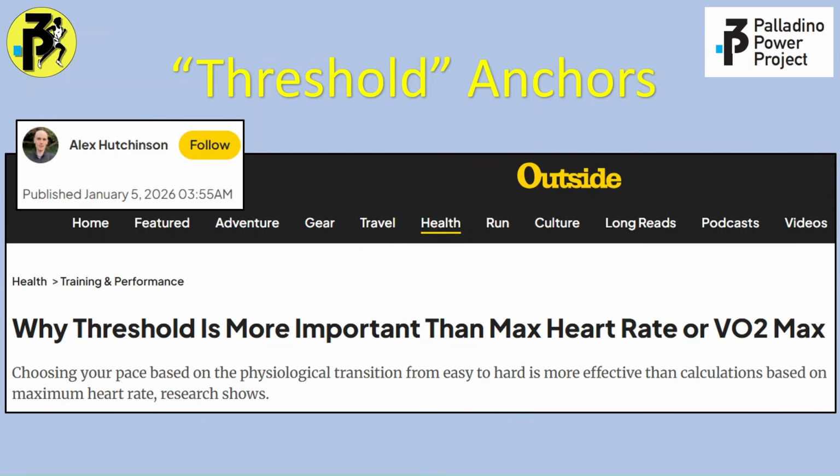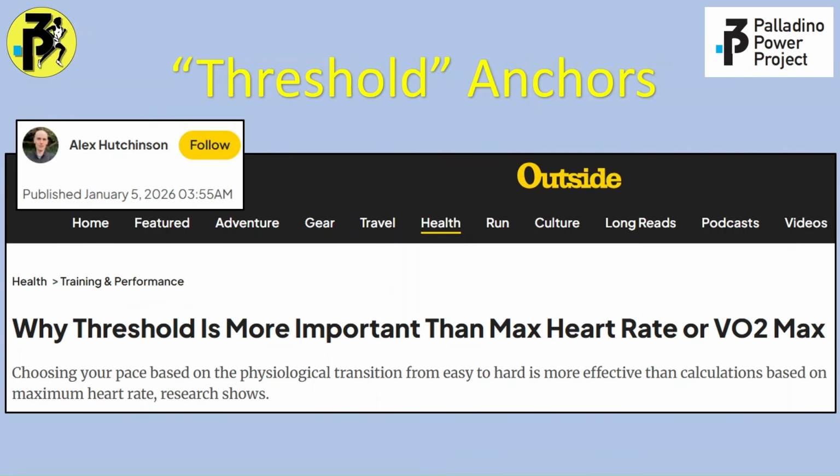And essentially saying that choosing, he used the word pace, but we'll use the word effort, or more specific to our conversation, power, based on the physiologic transitions, or those phase transitions that I spoke of just a moment ago, is more effective than calculations based on maximum heart rate, or for that matter, VO2 max.